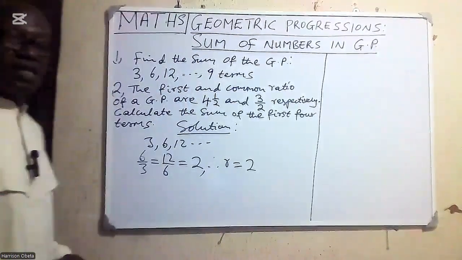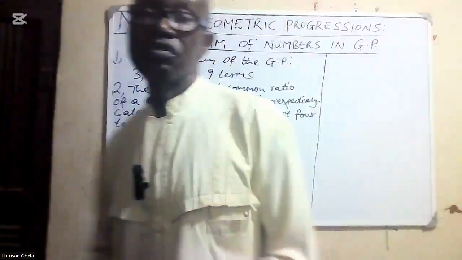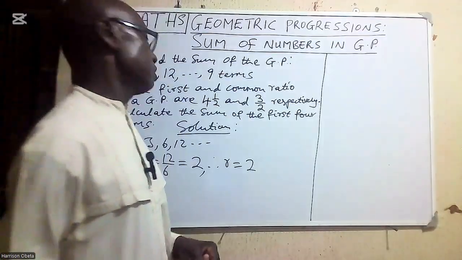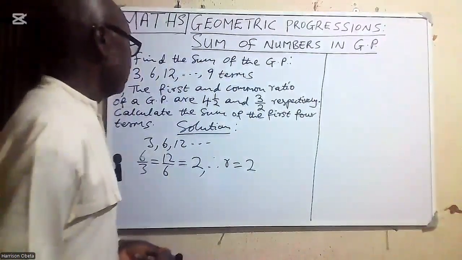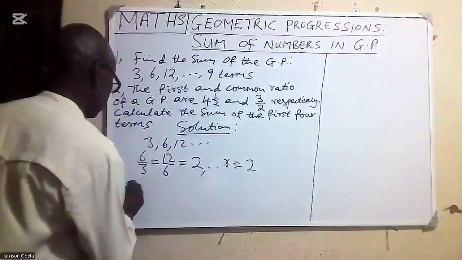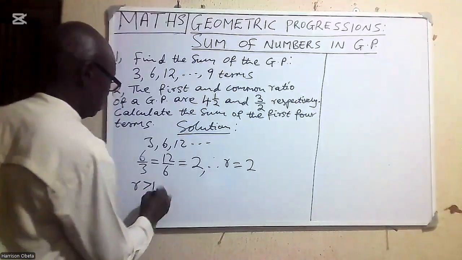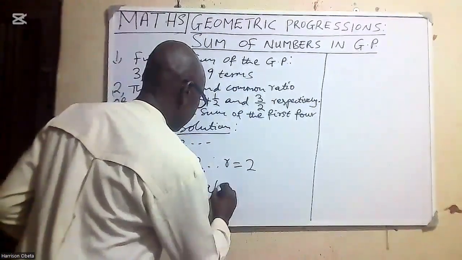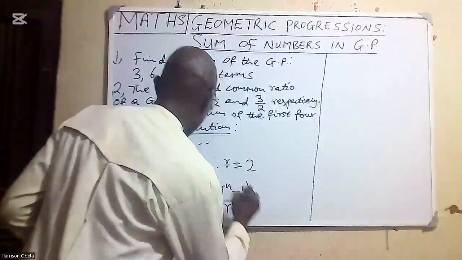In geometric progression, we have 2 formulae, when R is less than 1 and when R is greater than 1. So if R is greater than 1, the formula is Sn equal to A bracket R raised by n minus 1 all over R minus 1.